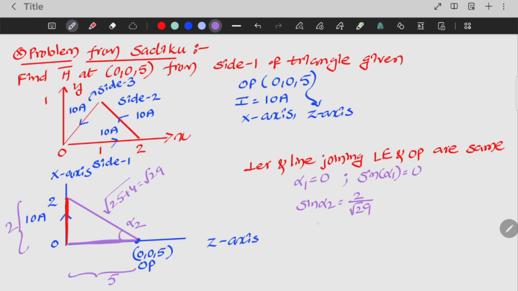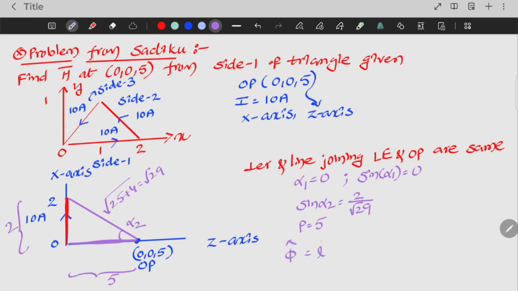The I value they have given is 10 amperes, which is available with us. And according to the formula, H is I by 4 pi rho, where rho is also 5. I am writing here rho is equal to 5. Then sin alpha 2 minus sin alpha 1. But the main thing here is getting the phi cap.